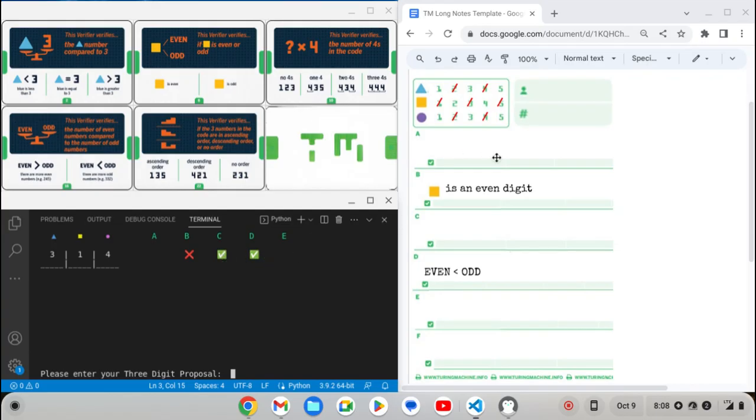So let's go ahead and just type up in our notes that the solution has a single 4-digit. And of course that means that square is 4. So let's go ahead and cross off the 2.